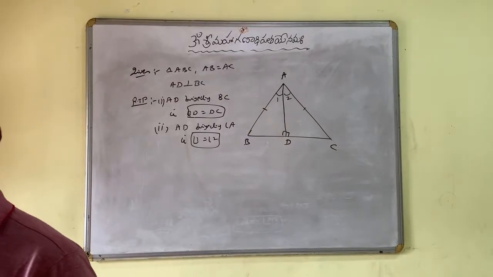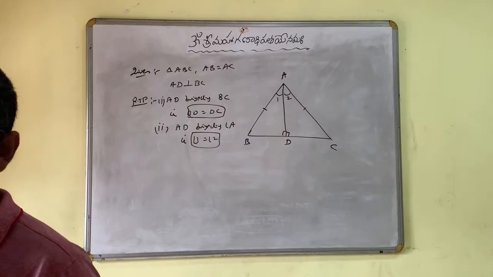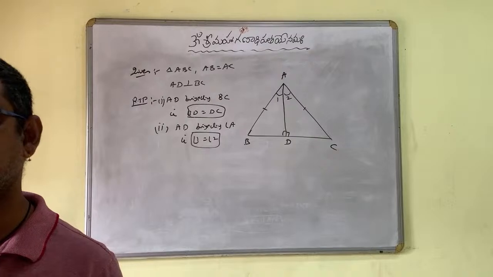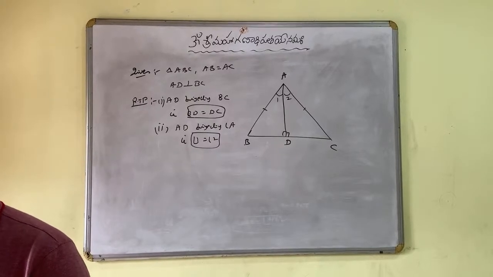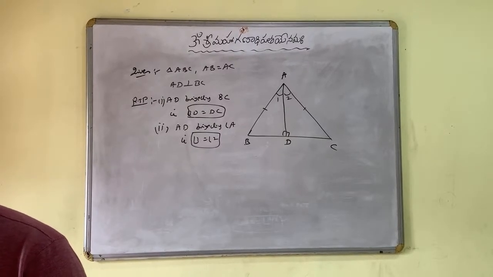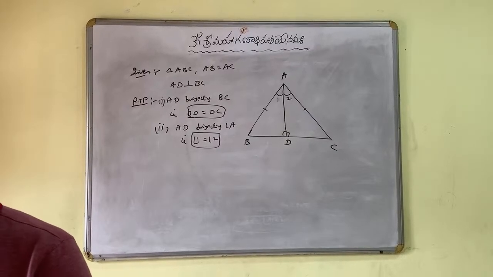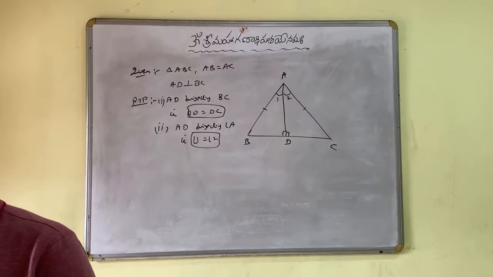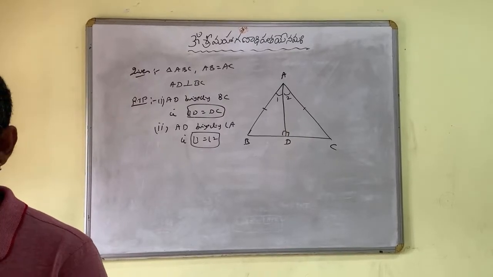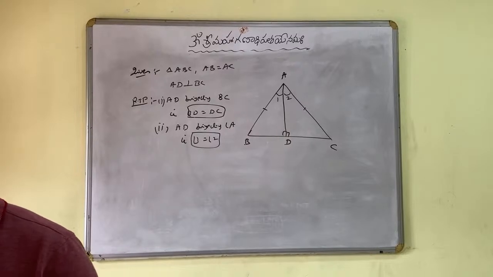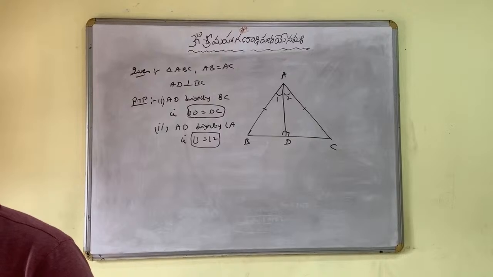Soheli, how AAS? Justify. I am waiting for your answer, Soheli. You cannot take angle 1 and angle 2 are equal. You need to prove it. And you cannot take BD is equal to DC also. You have to prove it.